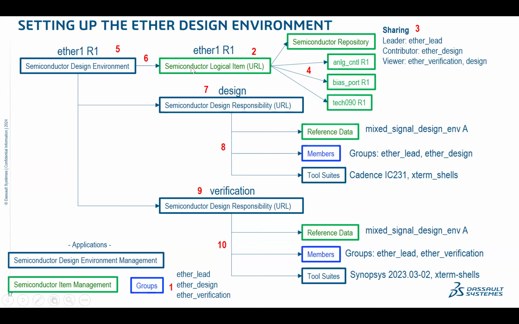So when I create this logical item here, it's going to create for me a repository. A semiconductor repository is a service on the platform. It's like GitHub, if you will. It creates a repository, and using semiconductor item management, this app, I'm going to go in and set up repository sharing, and I'm going to tell it that the leader of this is this person in this group.